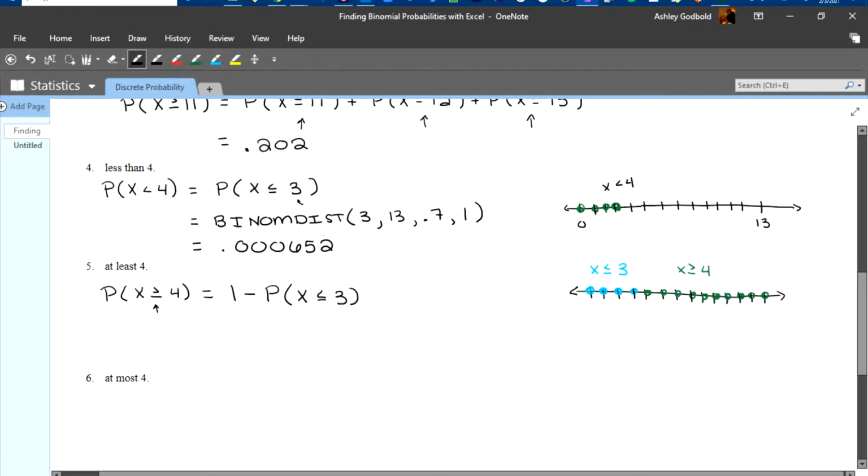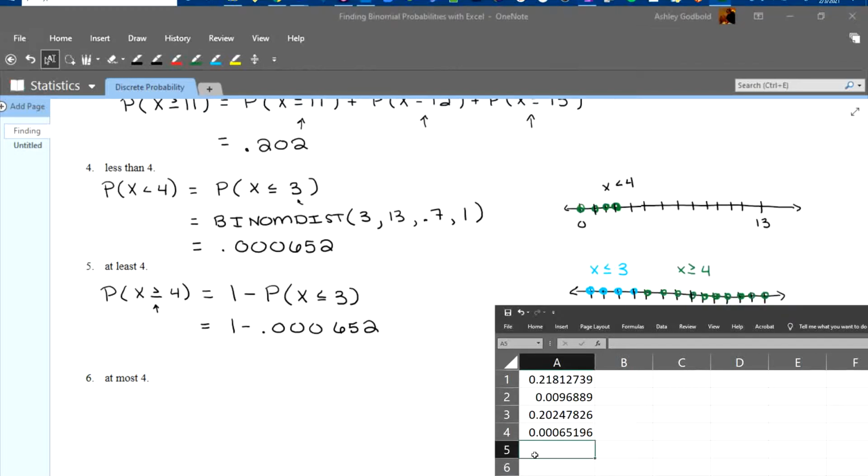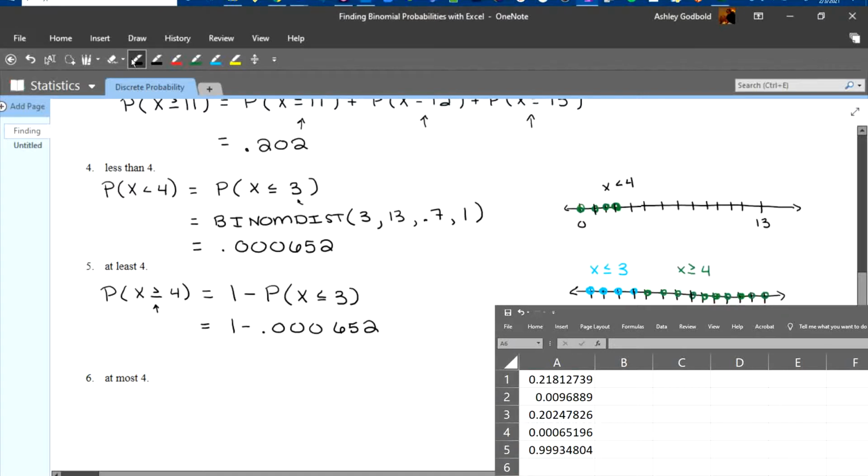Well, we already found the probability of x less than or equal to 3 in the previous example, so I can just do 1 minus 0.0000652. I could calculate that by hand if I wanted to, or in Excel, I can do equals 1 minus, and then just click on the previous cell. So it equals 0.999.